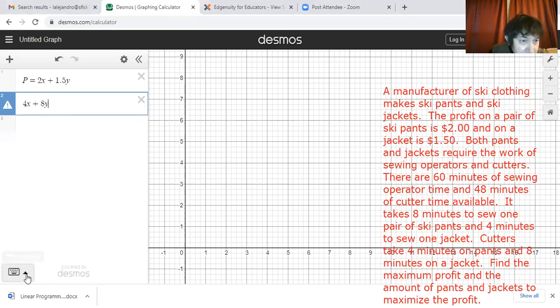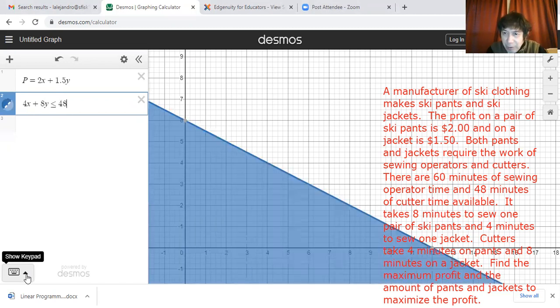So we will have the less than or equal sign there, and 48. This will be our first constraint graph, and this will be for the cutting: 4 minutes on pants, 8 minutes on the jacket, and cutting will not exceed 48.